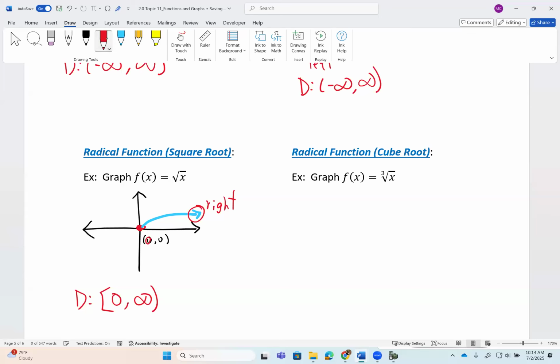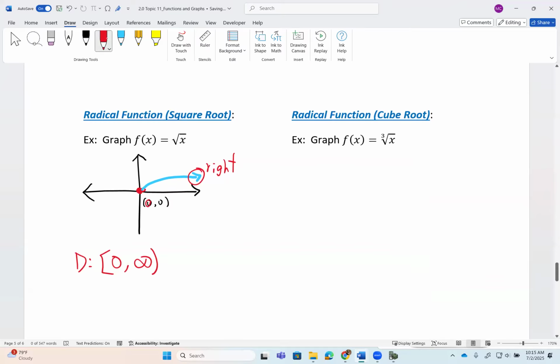But again, this square root function can change. Just for this example, it is from 0 to infinity. All right, your range, your y value, is starting at 0. This arrow is pointing right, but it's also pointing up at the same time. So that will be from 0 to infinity.